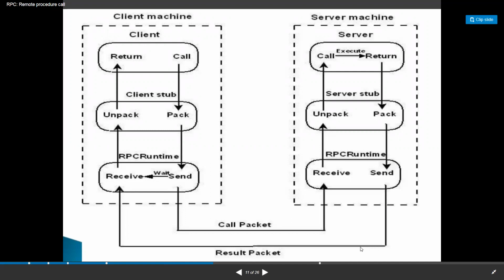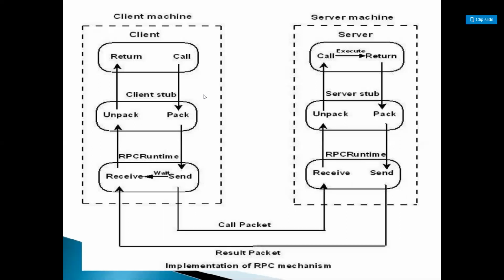It will be marshaled along the network, and it will be received by the client RPC runtime, and it will be unpacked by the client stub, and finally the result will return to the client. This is how the RPC is executed from client machine to server machine. This diagram resembles the implementation of the RPC mechanism. Now moving down to the next point.